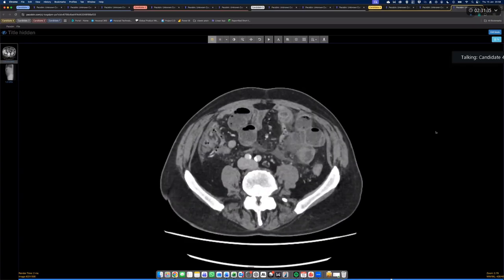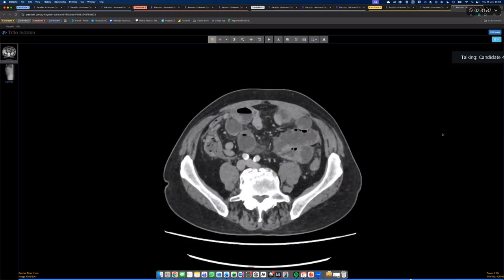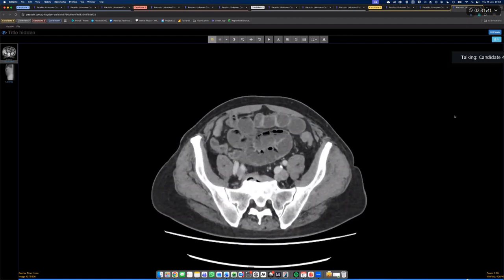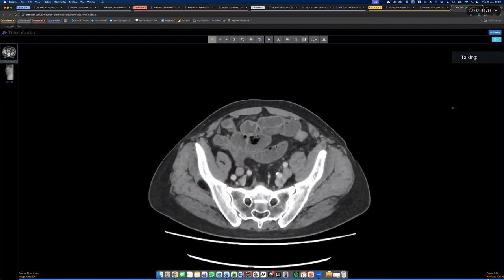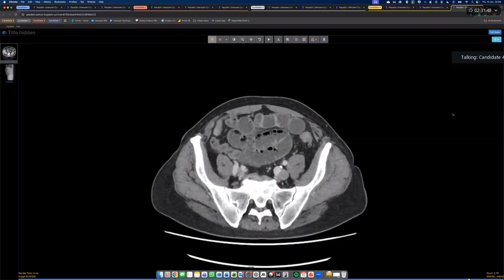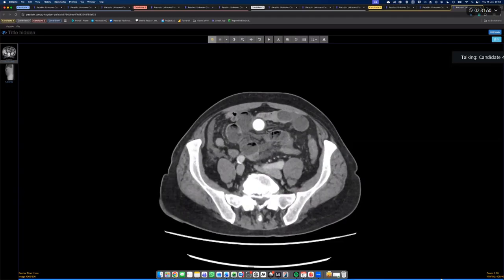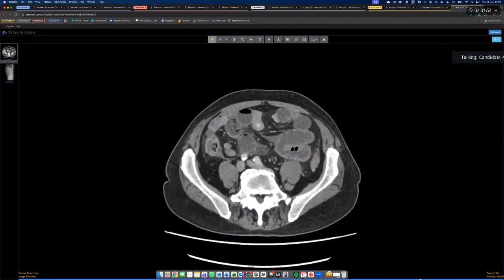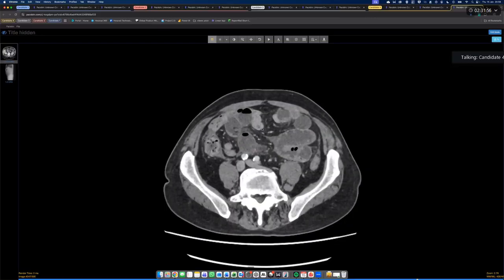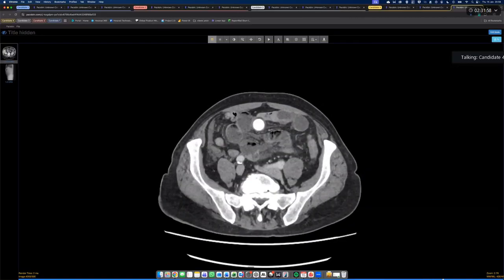So as I'm scrolling, I could find significant mesenteric fat stranding within the abdomen. Okay, so I can see the bowel loops appear to be mildly dilated, and I could find hyperdense foci within the bowel loop. This could be ileal bowel loops.